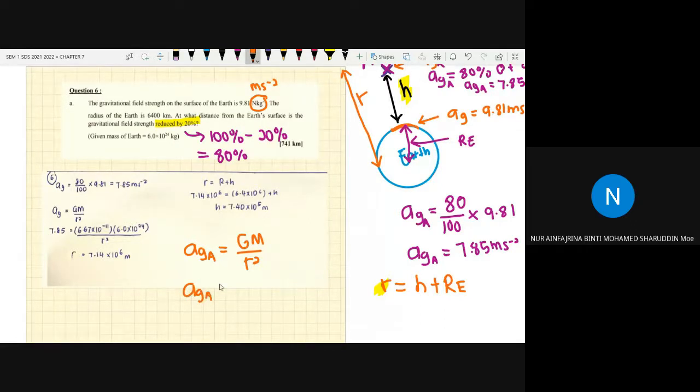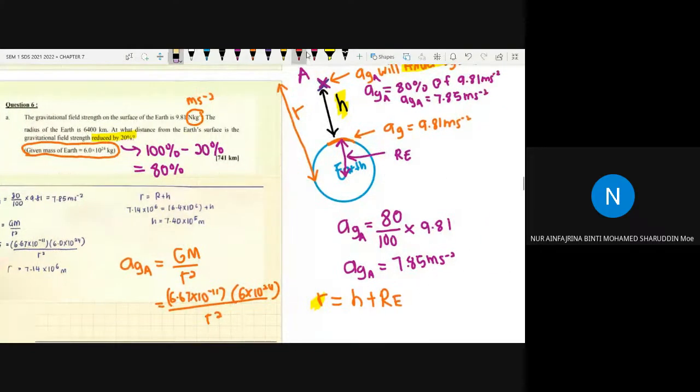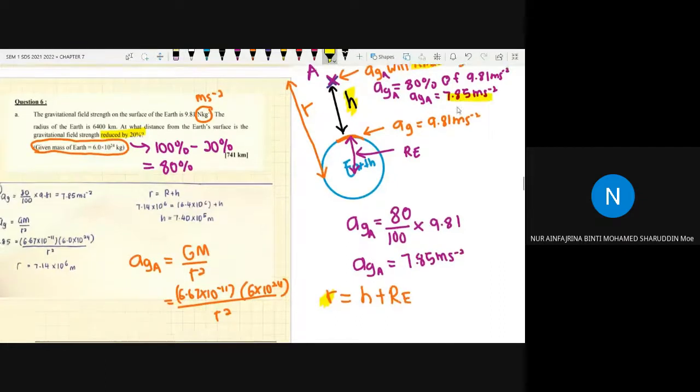So, kita tahu 6.67 times 10 to power of negative 11 darab dengan mass of Earth which is 6 times 10 to power of 24. Dia dah bagi dalam soalan. Kalau dia dah bagi dalam soalan, ambil dalam soalan. Kalau dia tak bagi dalam soalan, tengok dekat list of constant. Divide by our distance squared. So AGA ni kita dah tahu dah, kita dah kira, iaitu 7.85.